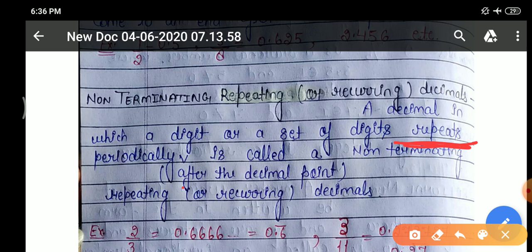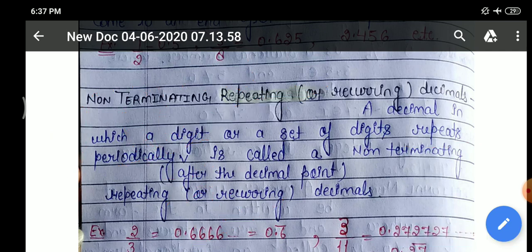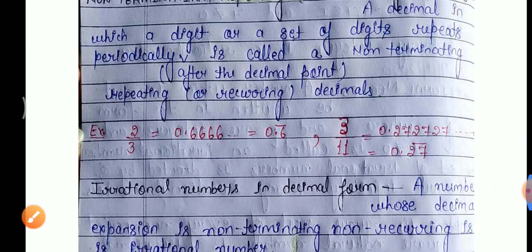Listen carefully. For example, when we divide 2 by 3, we get 0.666 and so on. We never get the remainder as 0, and this is an example of non-terminating repeating, because 6 is repeated.